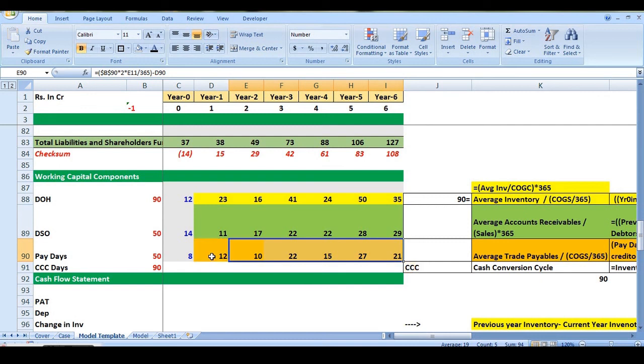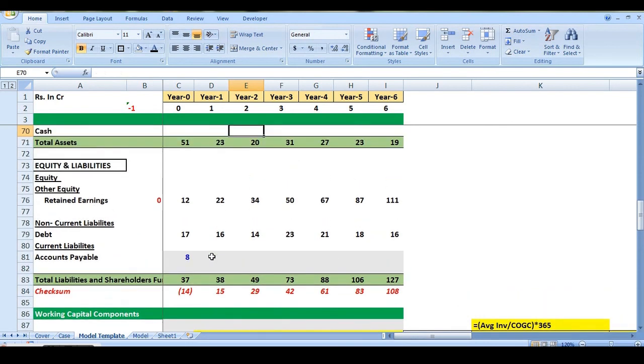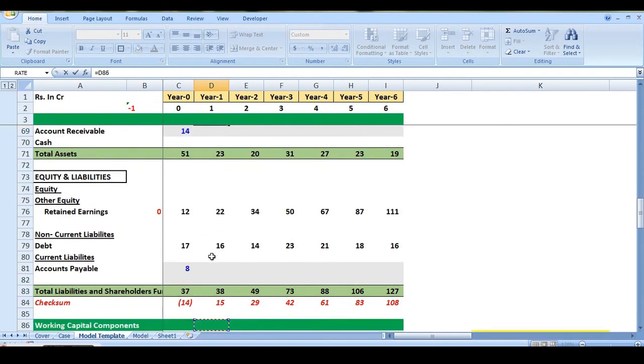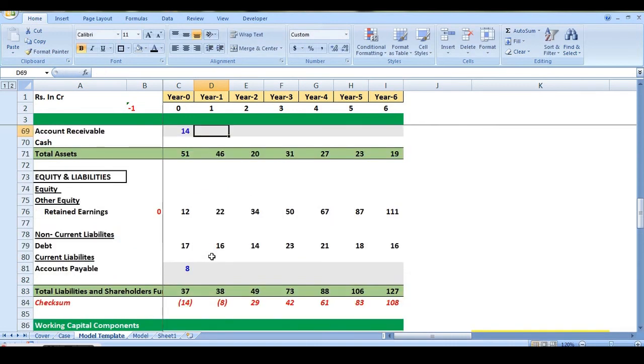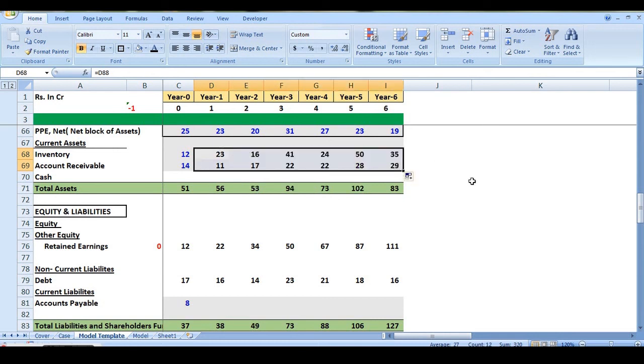Now as most of the working capital values are available with us, we can simply copy them into our balance sheet from year 1. Year 1 inventory value as we have calculated here, simply link it. Immediately next to it in the working capital schedule is accounts receivable. So we can drag it down and drag it to the right to get the values.